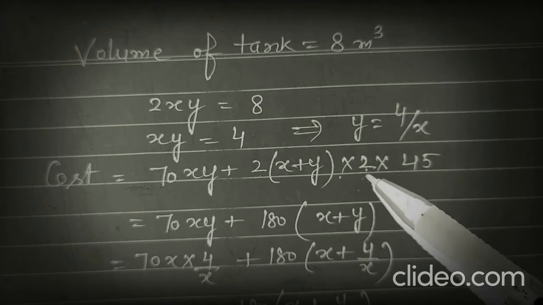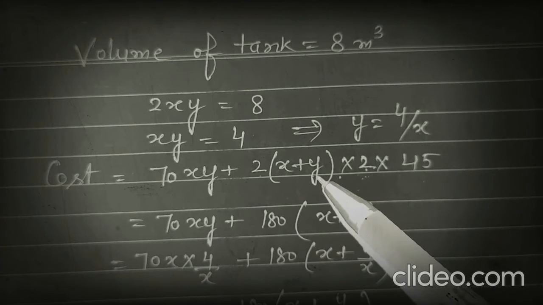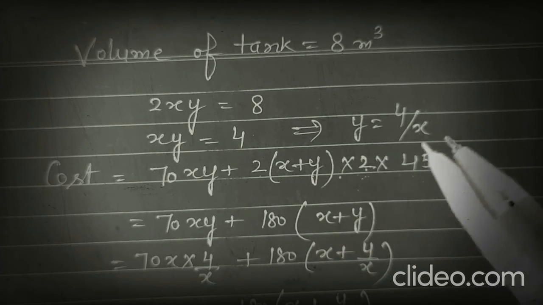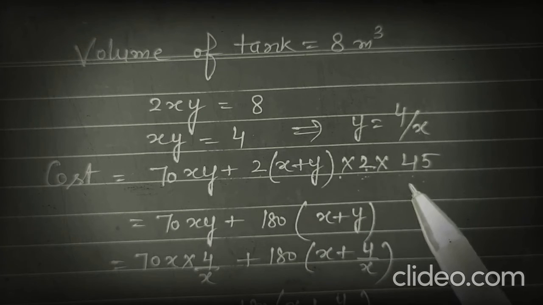Its cost is 45 rupees per square meter, so the cost of the sides is 2(x plus y) into 2 into 45.